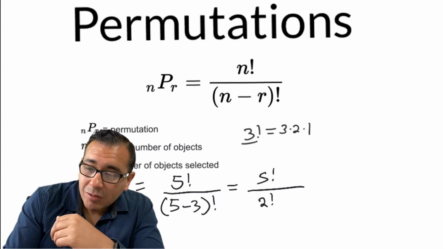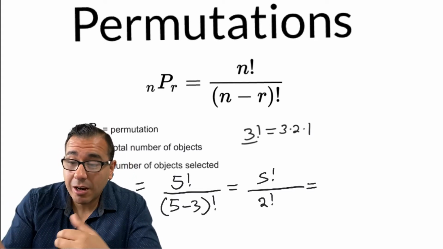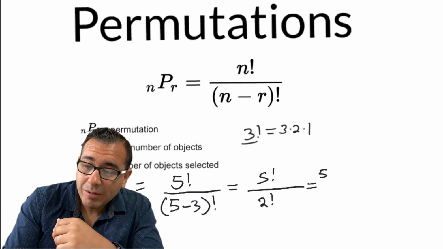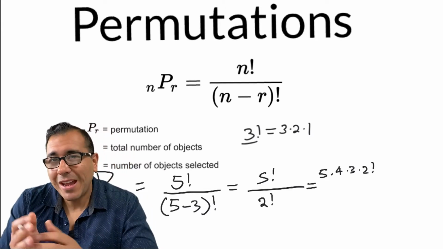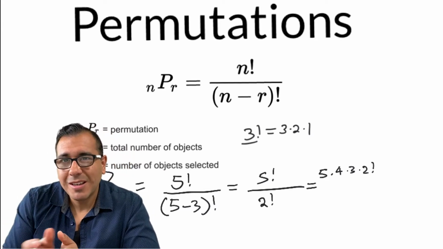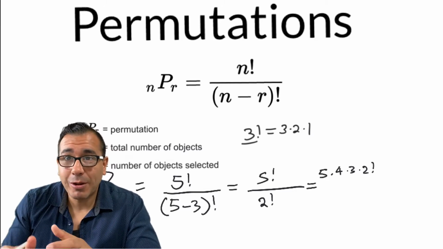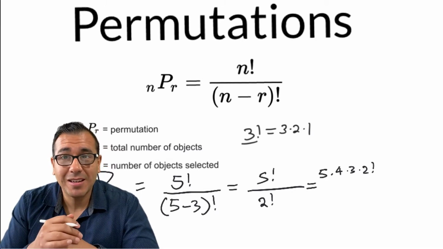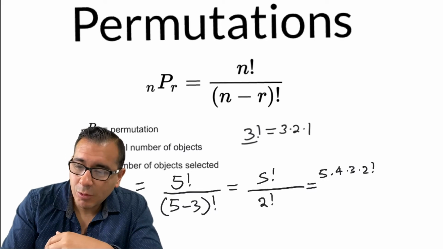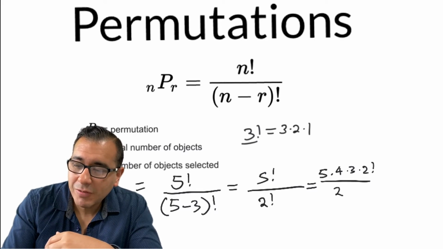And what I like doing, especially as these numbers get larger, is writing 5 factorial as 5 times 4 times 3, and then times 2 factorial. I know I could put times 2 times 1, but as I'm dealing with larger numbers, this idea is going to save us a lot of time down the road. And then I'm going to divide that by 2 factorial.